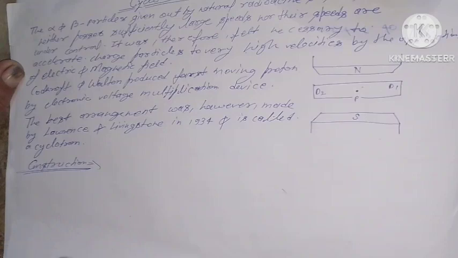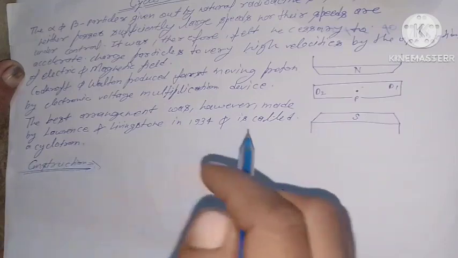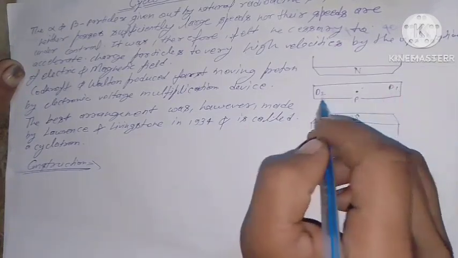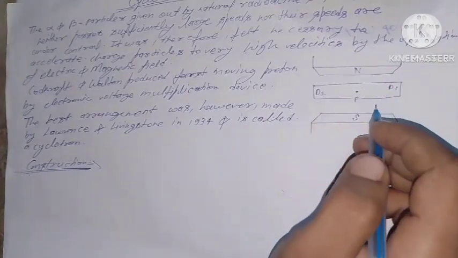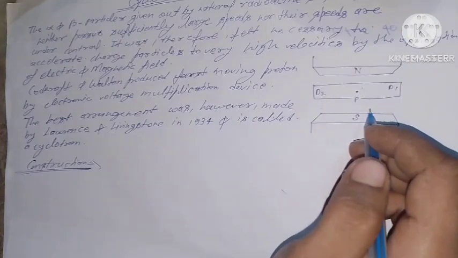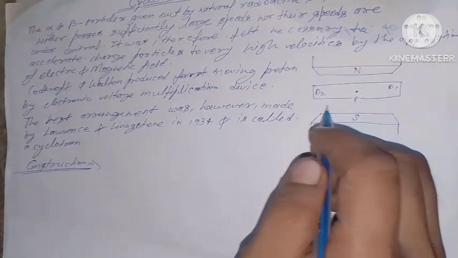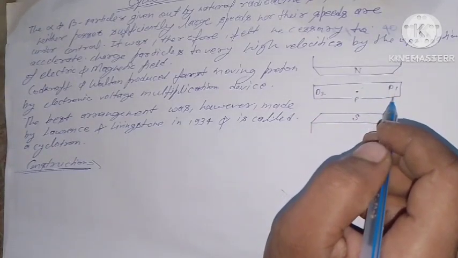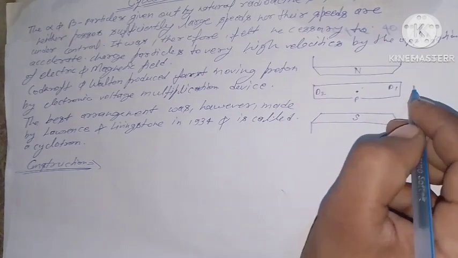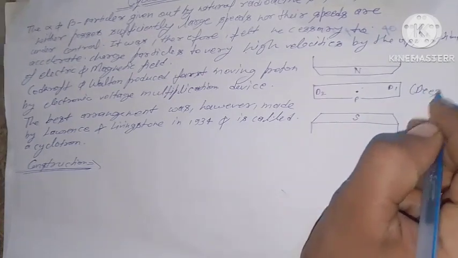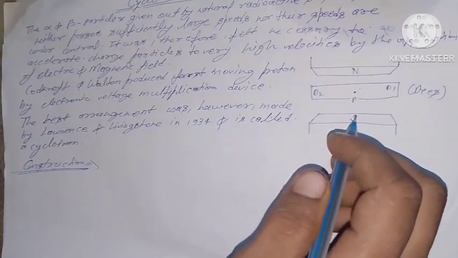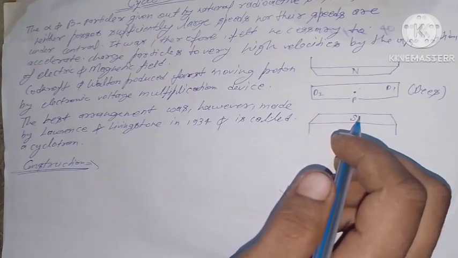Construction. The cyclotron consists of two D-shaped hollow metal segments, D1 and D2, called the dees, lying in a horizontal plane with a small gap separating them.